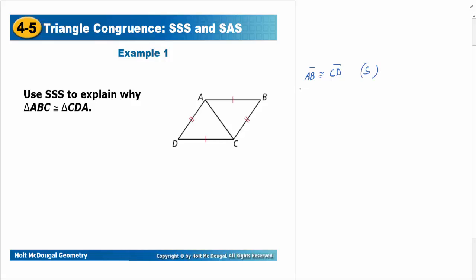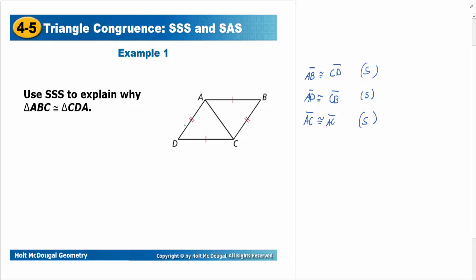That's a side. I also have AD, which is congruent to CB. That's a side. I need to show my final side, which basically says that AC is congruent to AC. And that would be my final side.